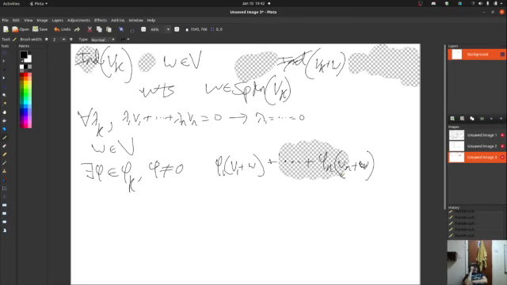Which can be rearranged. Well, we're also going to equal 0 here. Now, I don't know if the rearrangement is going to be helpful.